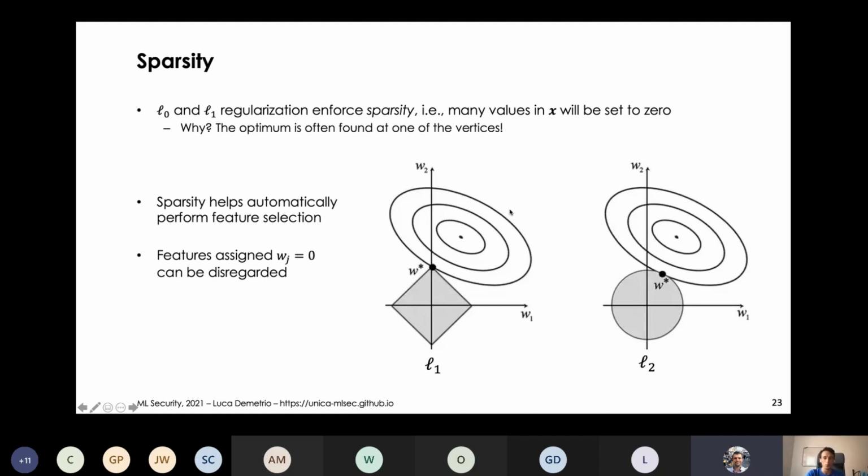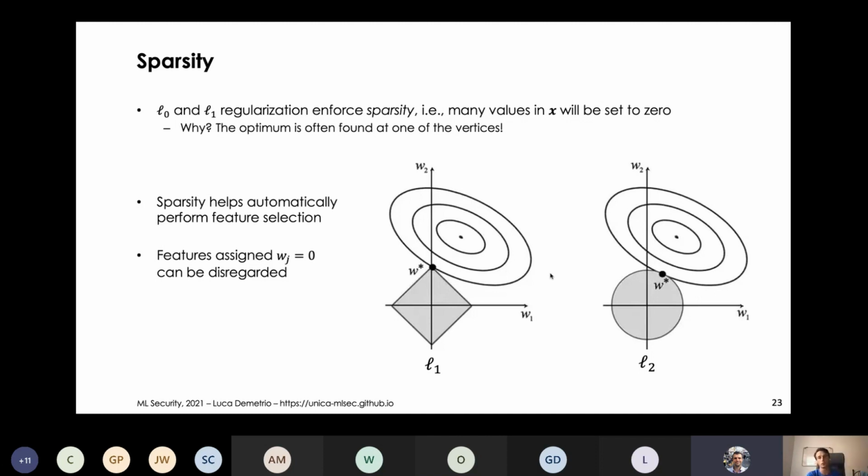If you move to the L2 norm instead, and you do the same, you find the tangent of the L2 ball and your solution, and you find something that lies in the middle, which is a bit of the first component and a bit of the second component, and this is not sparse. Your vector has maybe a very small value for one and a greater value for the second, but these are definitely not 0.